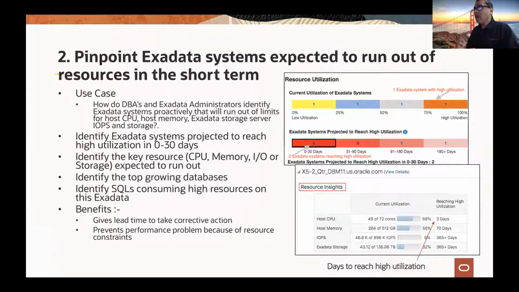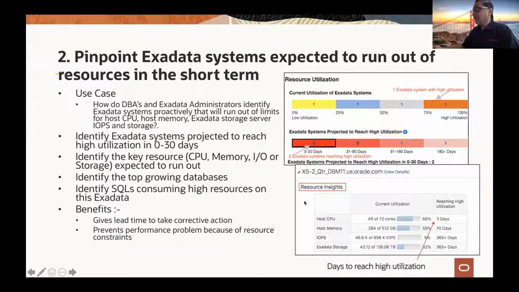To do that, you would need machine learning, and very specifically 4 key resources in terms of Exadata: your compute node CPU, compute node memory, Exadata storage server IOPS, and the physical space. As long as you do that, you are very well covered in terms of your capacity aspects, and that would not lead to any performance problem.